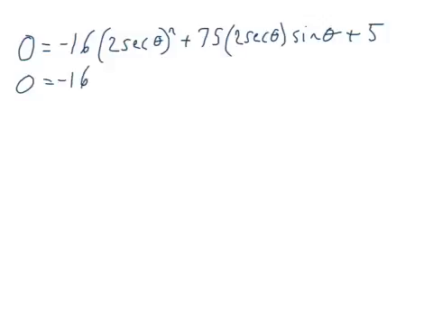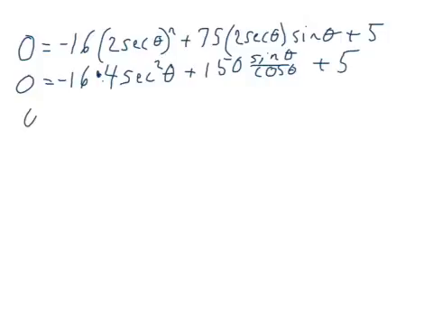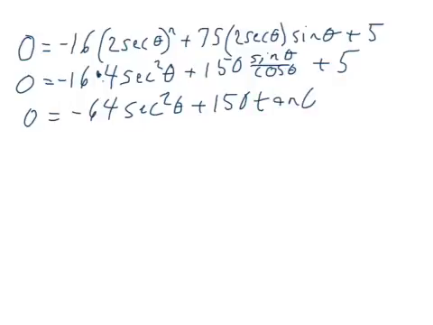Negative 16 times 4 times secant squared theta plus, this becomes 150. Let's make this sine theta over cosine theta, because we know secant's 1 over cosine theta. That'll be a little friendlier to work with, and we can eventually change it to tangent. So this is going to be negative 64, negative 16 times 4, secant squared theta plus 150 tangent theta plus 5.